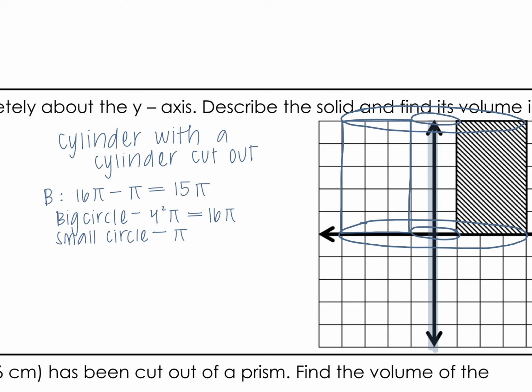And then my h, just figuring out how tall this figure is, we are going to have 1, 2, 3, 4, 5, a height of 5. And so my volume is just going to be that 15 pi times 5, which will give me 75 pi units cubed.